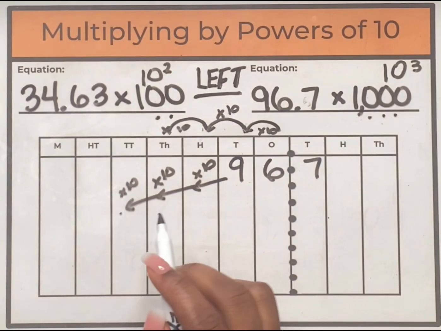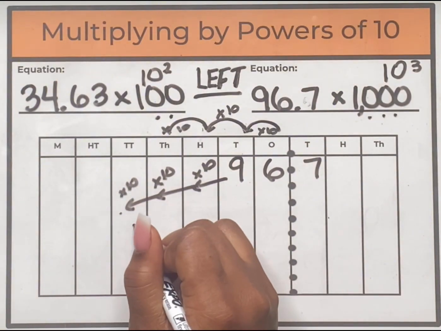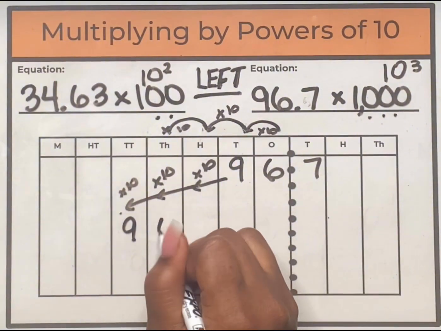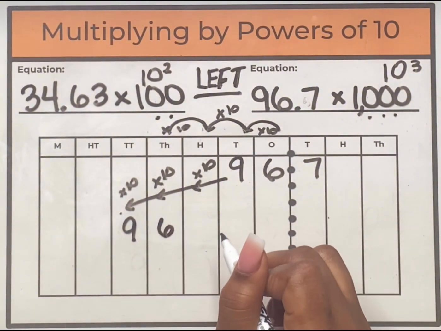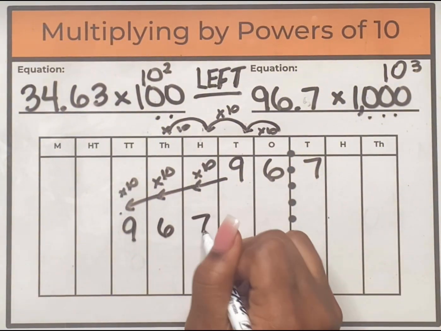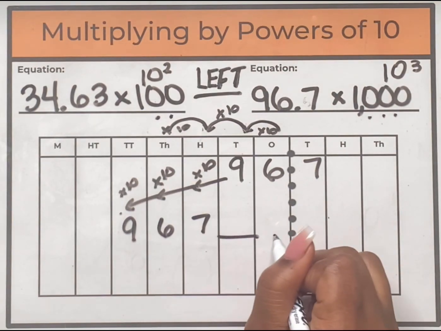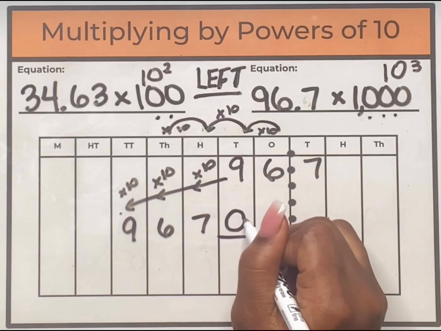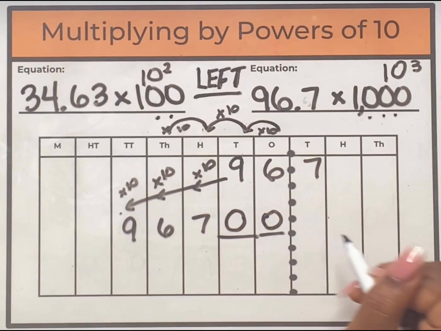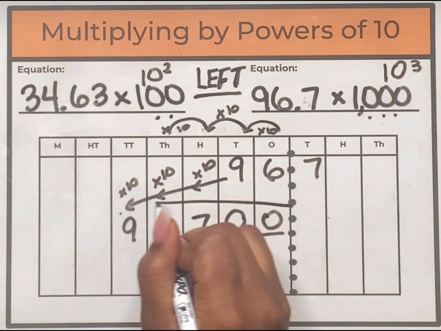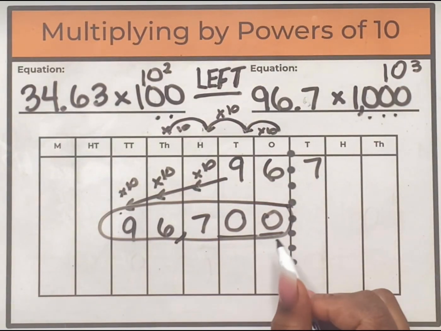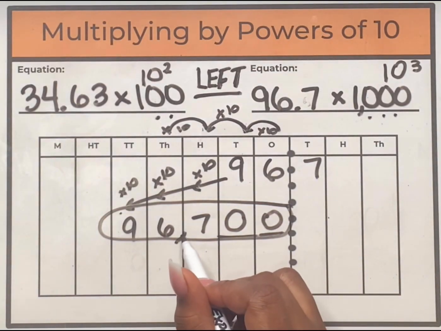Put the 9 here, 6 here, 7 here. In the blanks, let's put zeros. Very good. 1, 2, 3, comma.